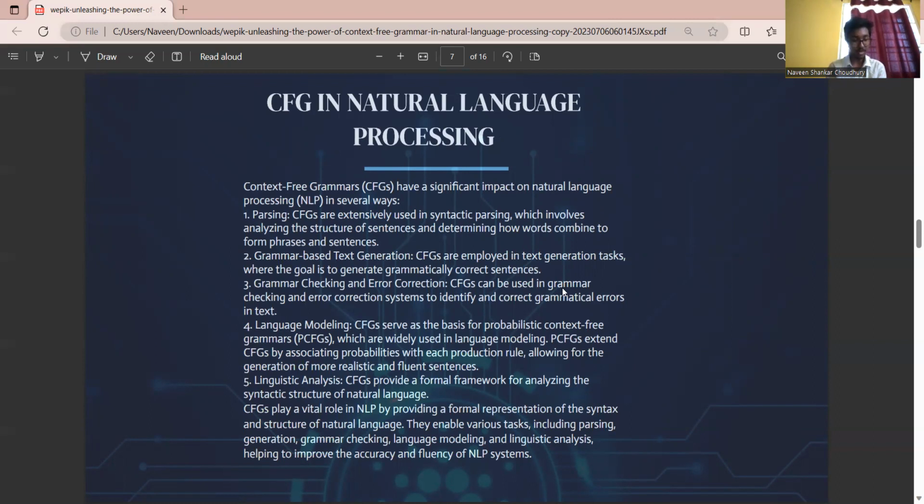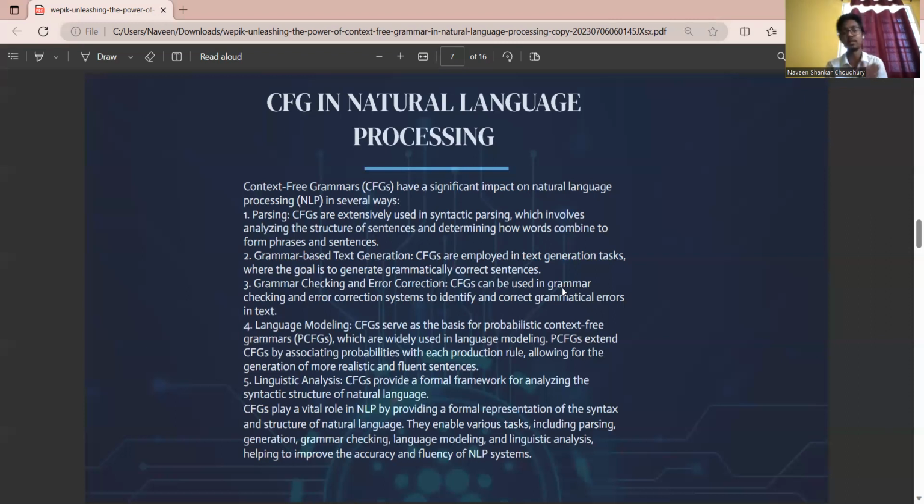This is done by specifying production rules and non-terminal symbols. CFGs provide a structured way to generate sentences, right? Next, grammar-based text generation. CFGs are employed in text generation tasks where the goal is to generate grammatically correct sentences. By specifying the production rules, we can specify how to generate sentences that adhere to the syntactic constraints.